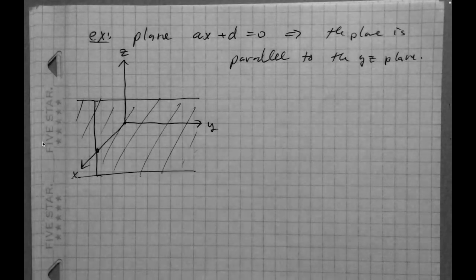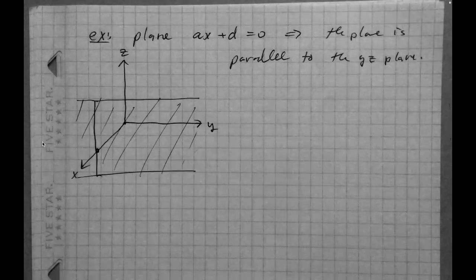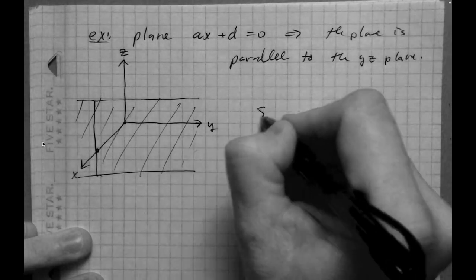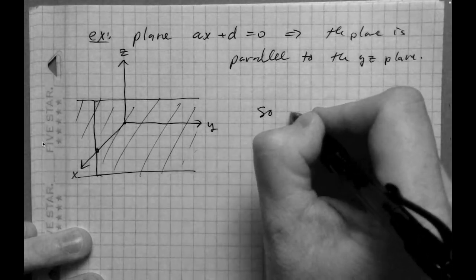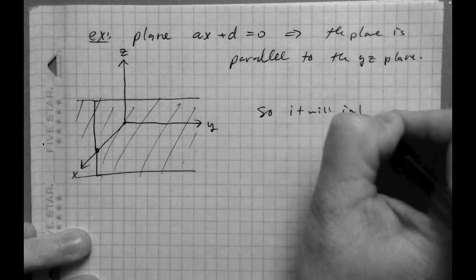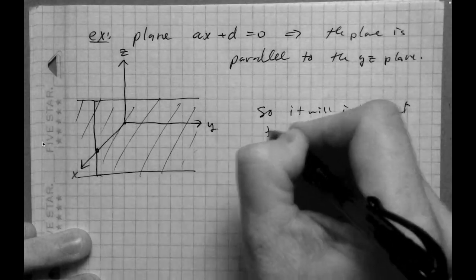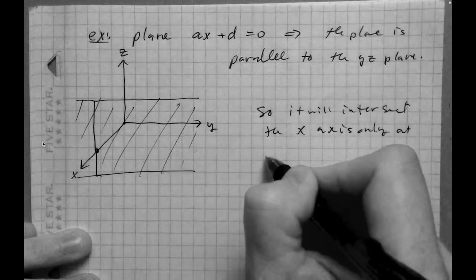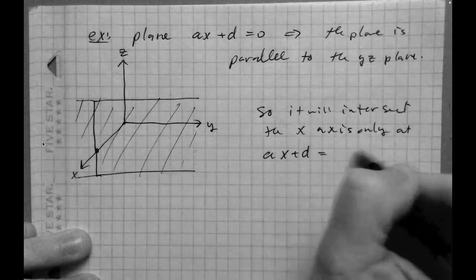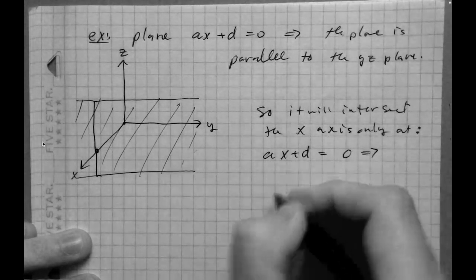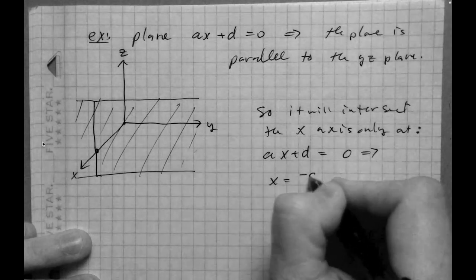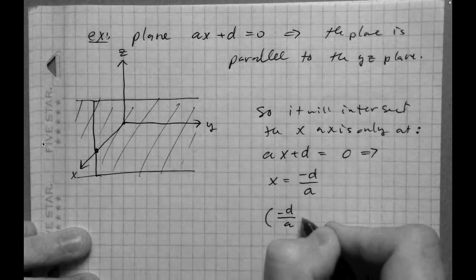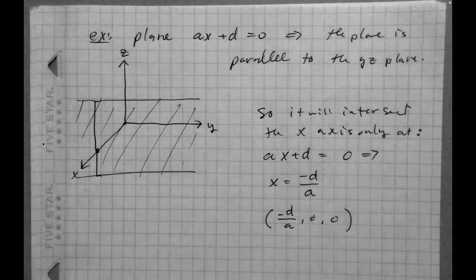It'll intersect the x-axis only, and specifically, ax plus d equals 0 implies that x is equal to negative d over a. So it'll intersect at negative d over a, 0, 0.